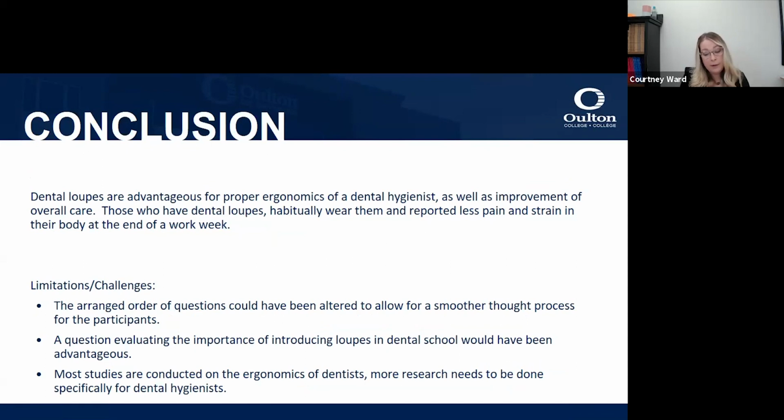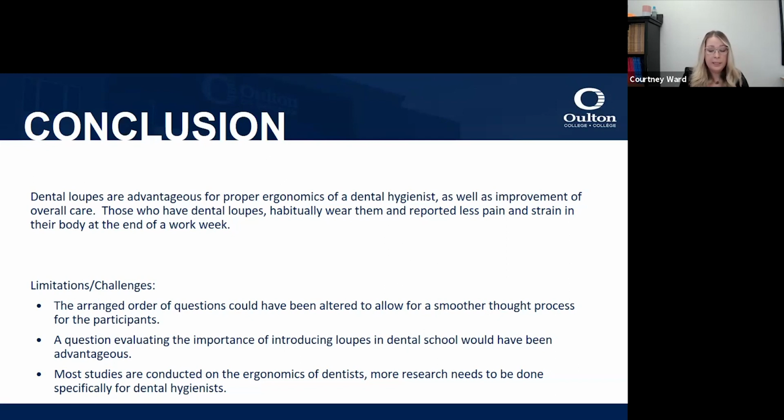Negatives were found to be the adjustment period, infection control, and the fact that loops are not a fix-all solution for every posture, as there is still room for error in craning necks. Our feedback shows the positive effects of dental loops outweigh the negative effects, as regular wearers found a decrease in body pain and strain and an increase in clinical vision and clinical skill.